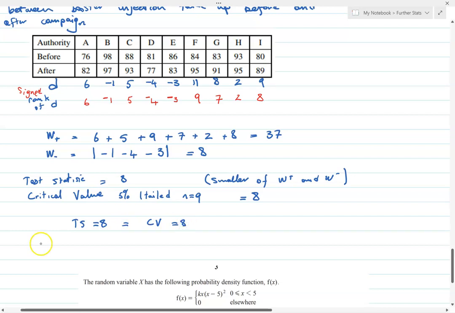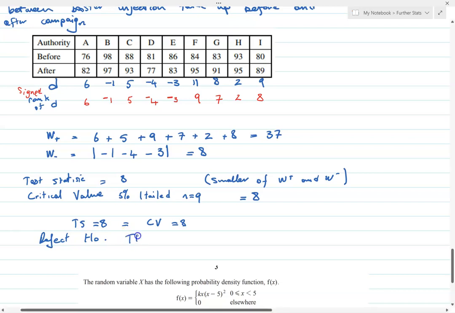So that means we have sufficient evidence, so we reject H0. And now we need to actually have a statement which has some level of uncertainty in it, and also has some nod to the actual context of the question.